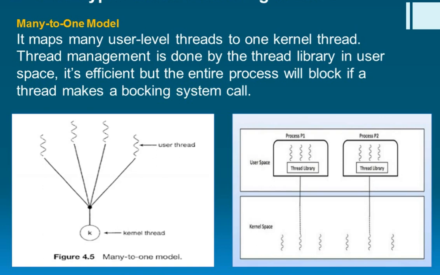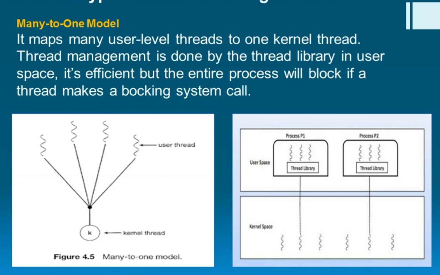But first, let's discuss the many-to-one model, where it maps many user-level threads to one kernel thread. Thread management is done by the thread library in user space. It's efficient, but the entire process will block if a thread makes a blocking system call.